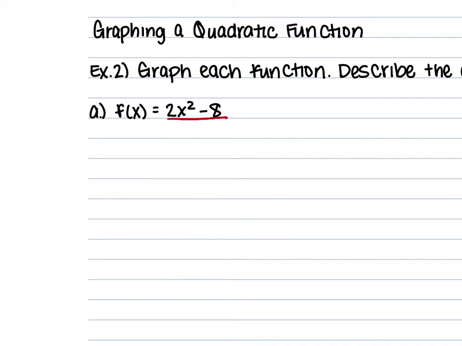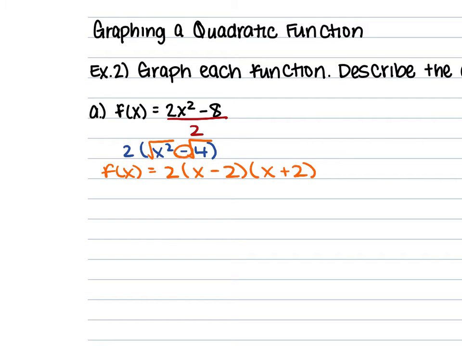So we're going to factor out a 2. So it's going to be 2 times x squared minus 4. That x squared minus 4 is a difference of squares, because you can take the square root of both of these and you have a negative in between them. So that's going to give us f of x is equal to 2 times x minus 2 times x plus 2.